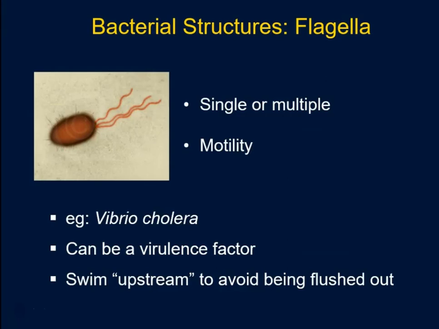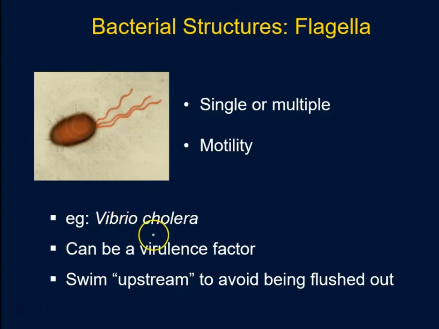Now, of course, the other way in which bacteria can move around in the body, in fluid at least, is through flagella. Typically bacteria that have flagella will have more than one flagellum, but they can have a single flagellum. And that flagellum will make the bacteria move, propelling it in the fluid by turning. You've seen flagellar motion associated, for example, with sperm cells, but it's also present in bacteria.